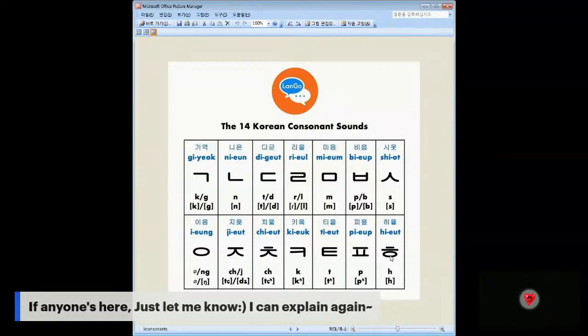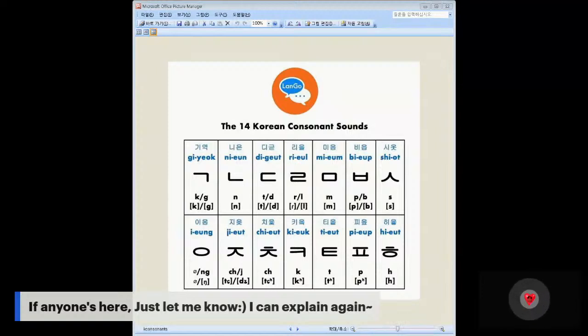We don't pull out the air from deep inside. So relax your throat, just use the front part of your mouth, like here. Yeah, I guess that's it for the 14 Korean consonant sounds.